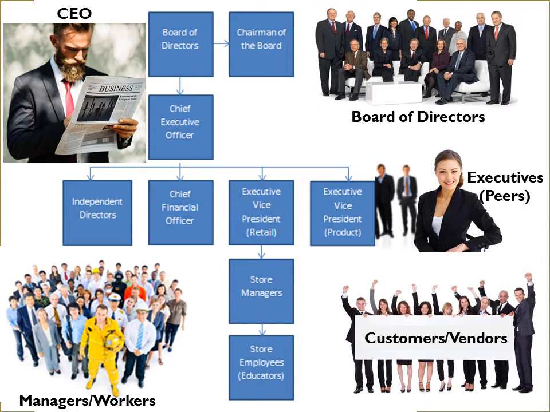This slide is meant to give an idea of who reviews the CEO at the highest level of the company. You notice the CEO in the upper left-hand corner. In a typical publicly traded organization, the CEO reports to the board of directors and the chairman. The C-suite of officers, VPs, and directors technically report to the CEO, but for the 360-degree feedback, they will be considered peers.